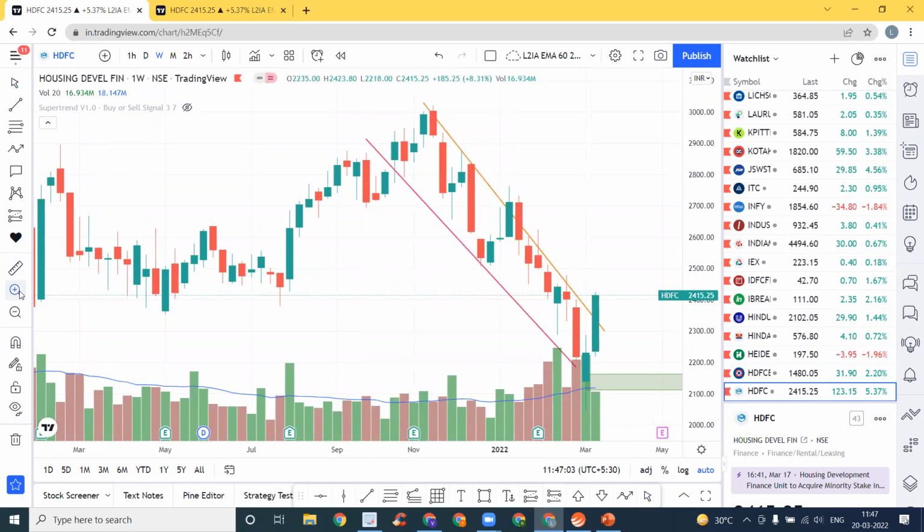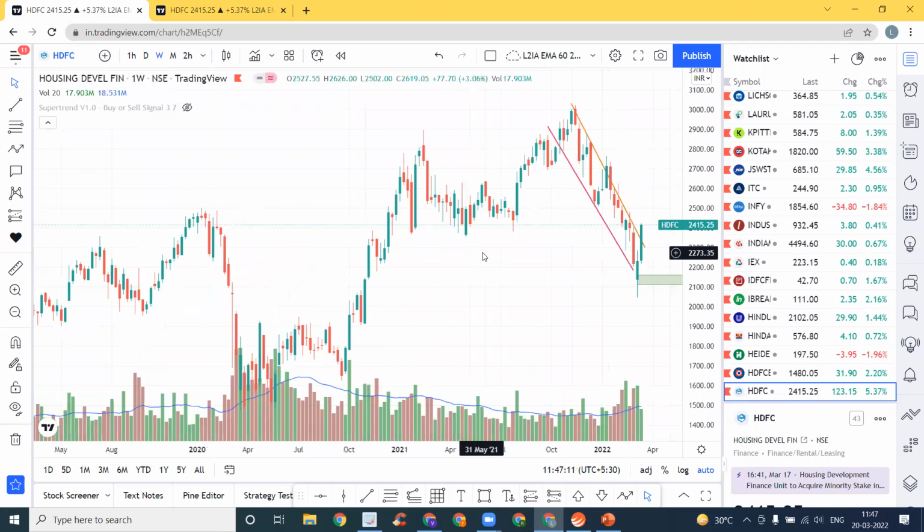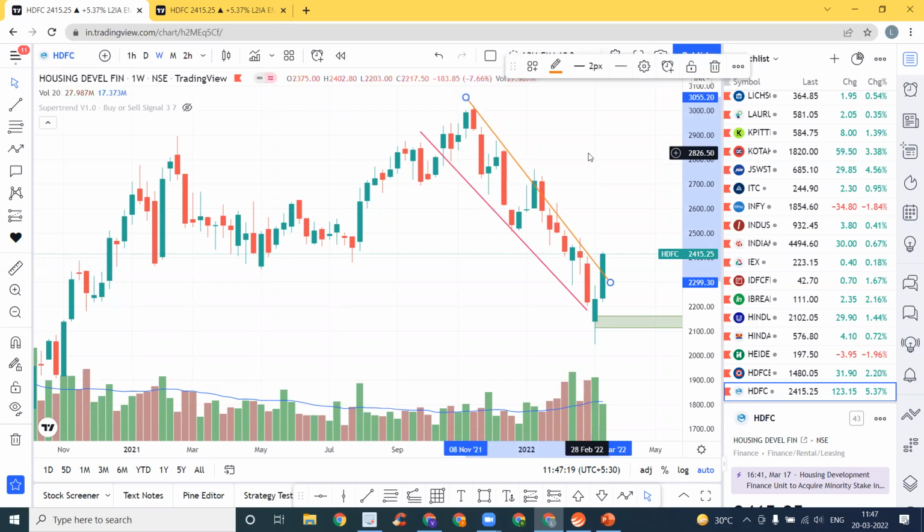It will be a little forward or backward. In the beginning, you'll find it a little tough, but slowly and steadily you'll be able to do it yourself. Okay. Sometimes your channel looks like a wedge. It is nothing wrong. We have something called a wedge. So here it is looking like a wedge.